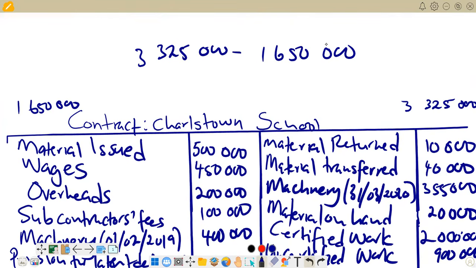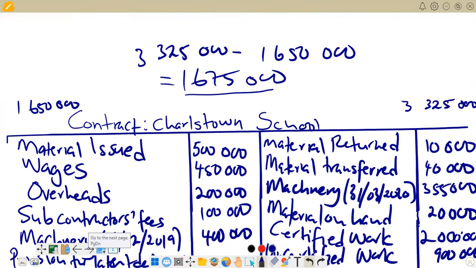For 3,325,000, you subtract 1,650,000, and you get 1,675,000. So here we get 1,675,000. This is the balance that we have on the debit. But then we are told that 75% of the profit and loss must be shown in the income statement. So if you come here, we are now applying this explanation that we have here.